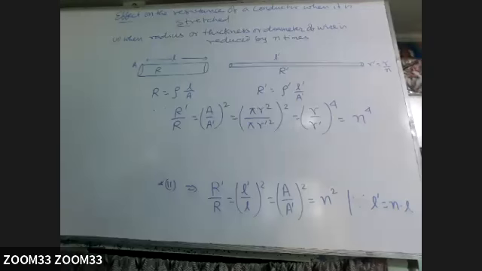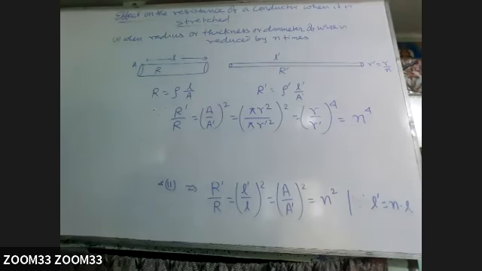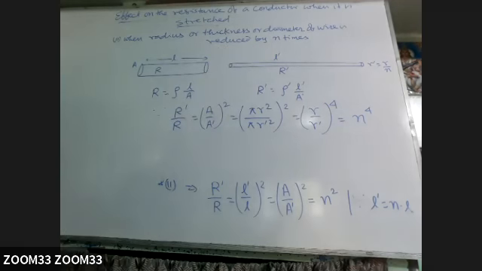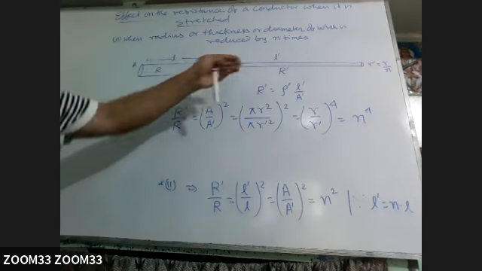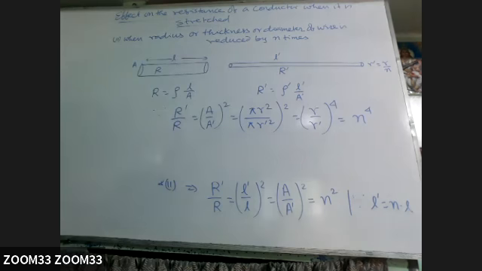If you are given the length is increased 2 times, 3 times, then 2 square. If radius is reduced to half, then it will become 2 to the power 4, that is 16 times. So if wire is stretched in such a way that its radius becomes half, then resistance will increase 16 times.